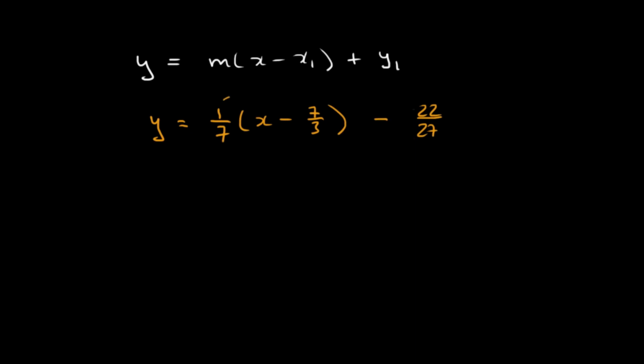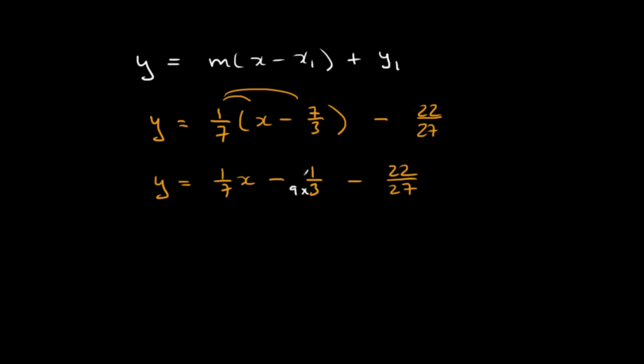And then we have to expand this out and get our exact normal line. So we're going to get 1/7 x, and then we'll get 7 over 21 there, which of course is just a third after the subtraction. Then we have a little bit of fraction work to do, but nothing too serious because we let the TI Inspire do the hardest part for us to get that y value of negative 22 over 27. So we just have to get a common denominator here.